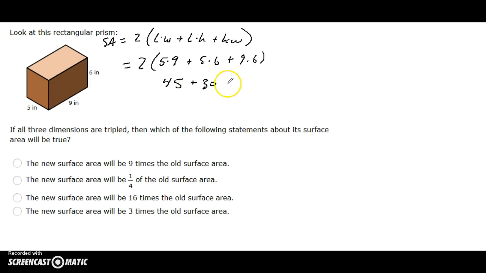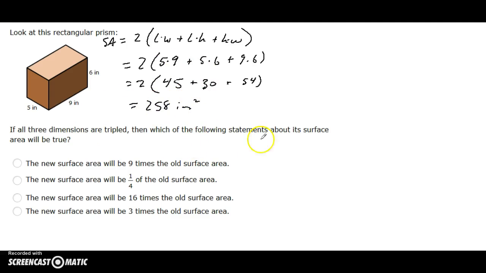And 9 times 6 is 54. I'm going to multiply all of that by 2. So 45 plus 30 is 75. Plus 54 is 129. Times 2 equals 258 square inches.